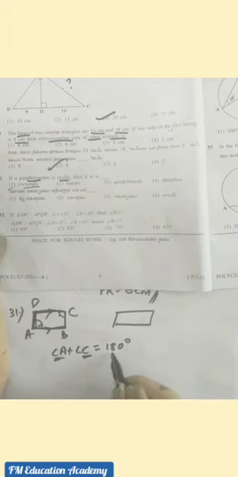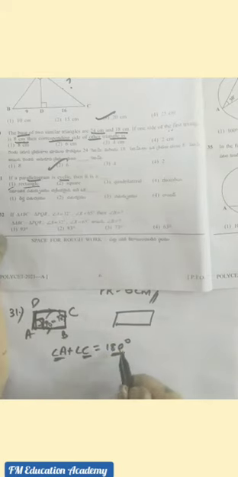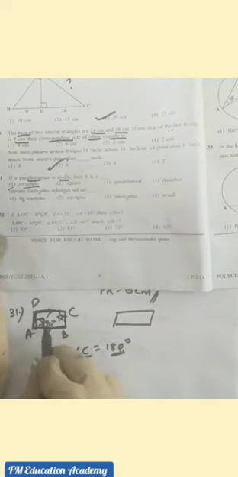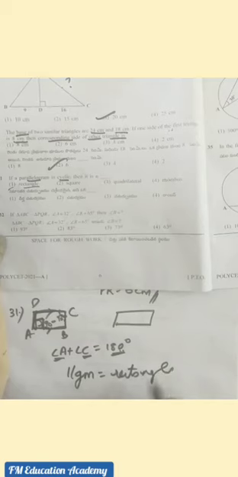In a rectangle, each angle is equal to 90 degree. So 90 plus 90 will be 180. So we can say the parallelogram is equal to a rectangle if it is a cyclic parallelogram.